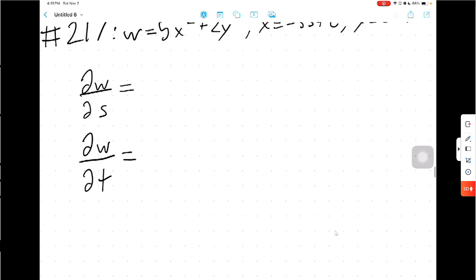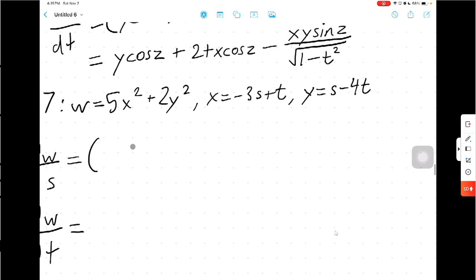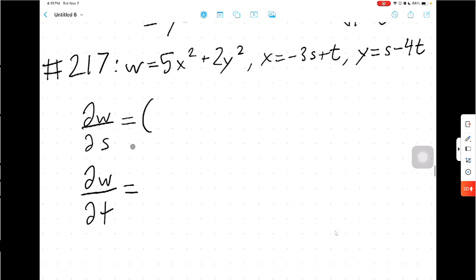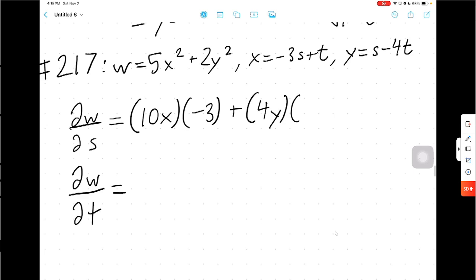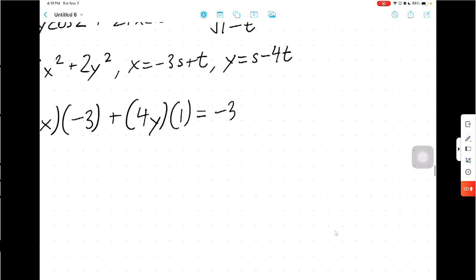So, we're just going to do the exact same thing we did before. But in this case, we have two independent variables, so everything's a partial derivative here. First we have partial of w with respect to x times partial of x with respect to s plus partial of w with respect to y times partial of y with respect to s, which is negative 30x plus 4y.